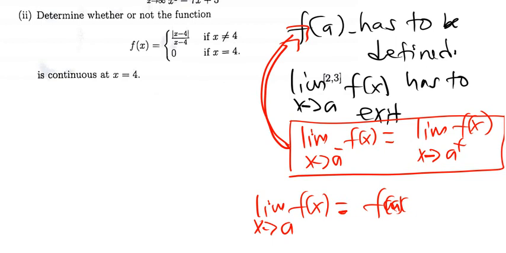Let's solve this question. f of a. Now in this case we have been told, is it continuous at x equals 4? When x is exactly equal to 4, what is the value of y?